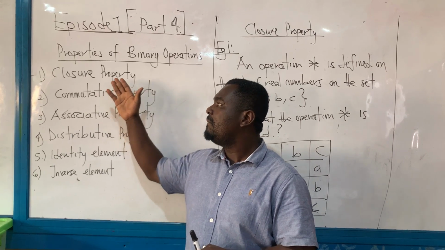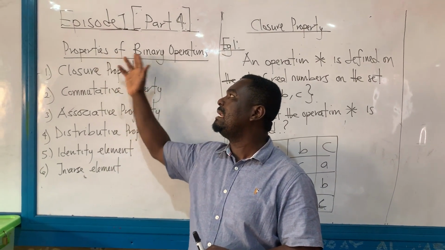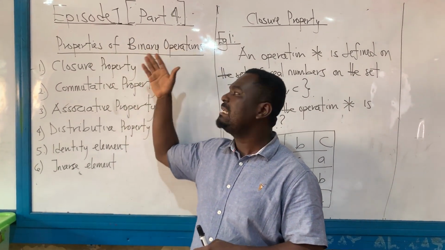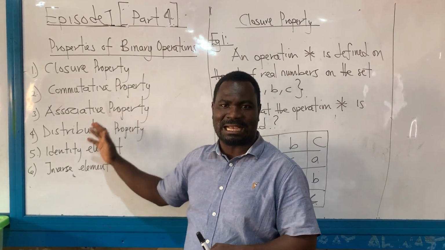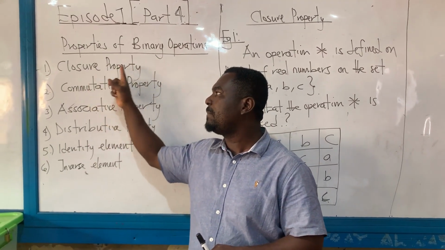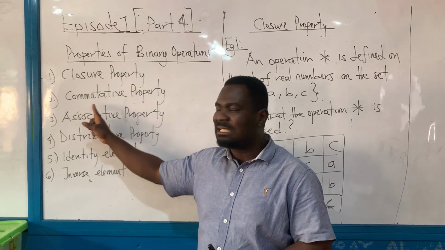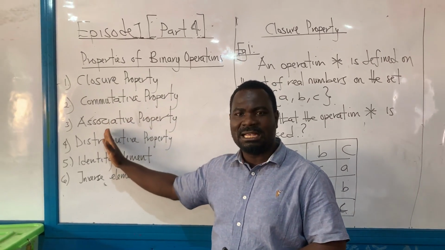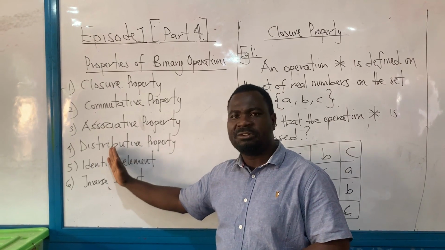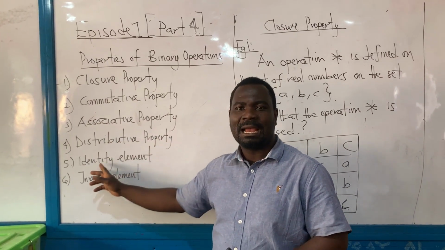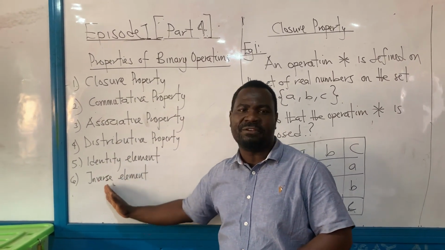So under binary operations, these are the properties we can discuss: closure property, commutative property, associative property, distributive property, identity element, and inverse.